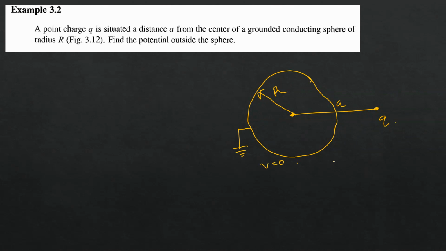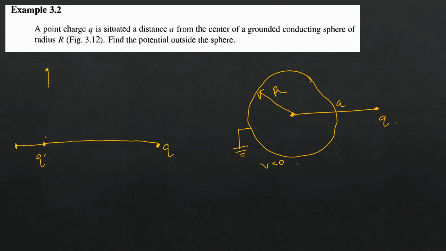So how do we calculate it? You can draw the diagram also like this. Charge is here, q. Image charge will be q dash here. Center.